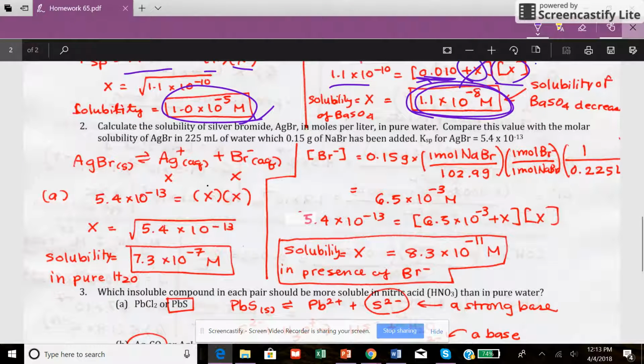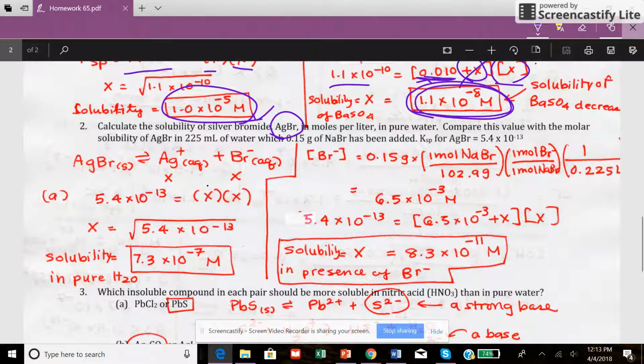Number 2 is similar to number 1. You're looking at the solubility of silver bromide in pure water and comparing it to the solubility in a solution that already has some bromide ion in it.